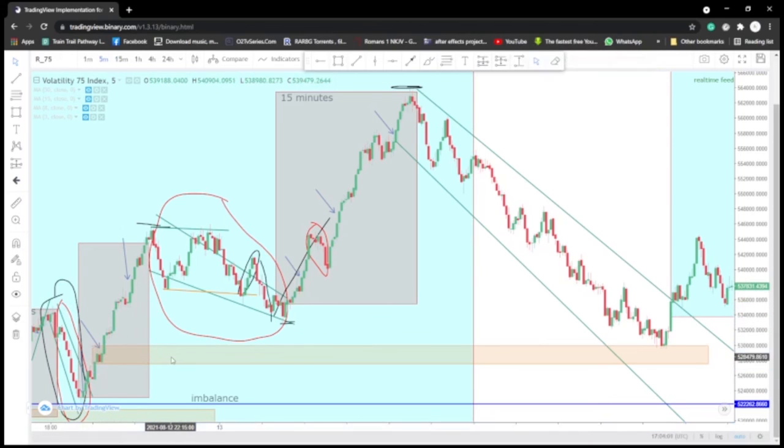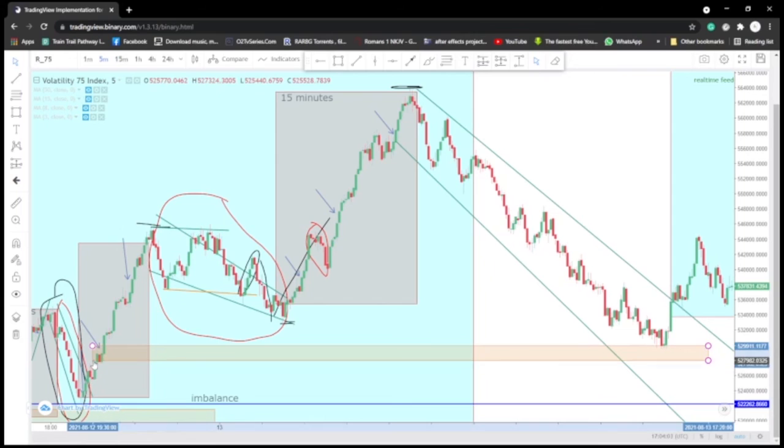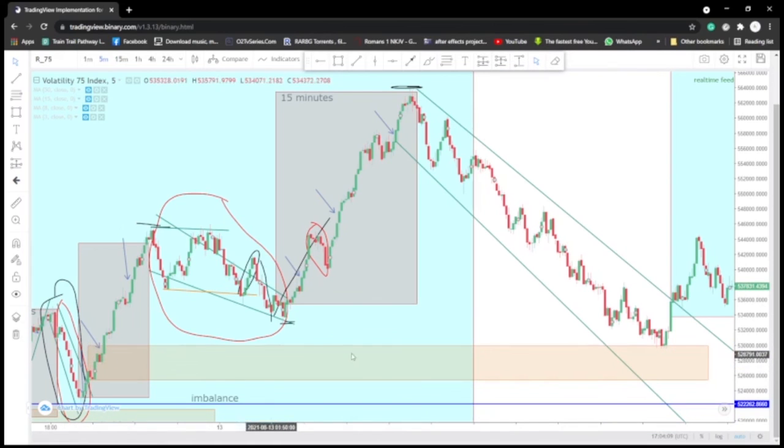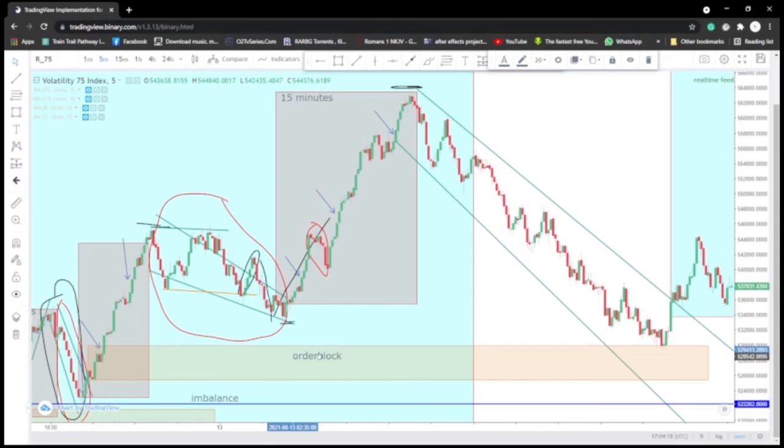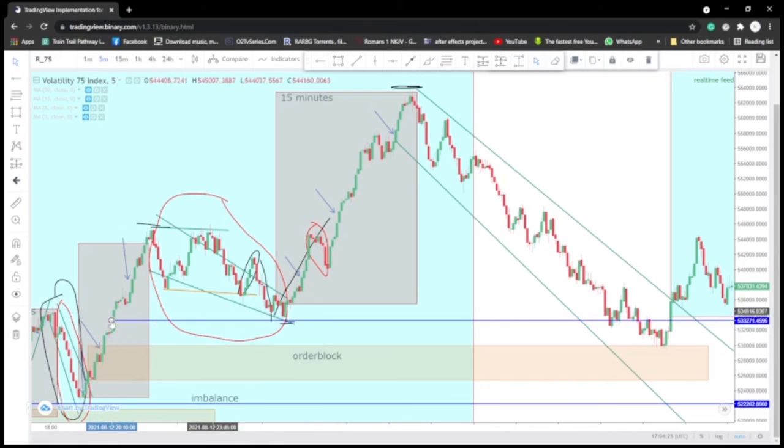This can qualify to be an order block, and these two can qualify to be an order block. So you just have to stretch your box so it can be like this. Remember such things. Order block again, and imbalance here. This is an imbalance. You can see the market came back to the imbalance, not the order block. It respected the imbalance and it pushed up with these levels.